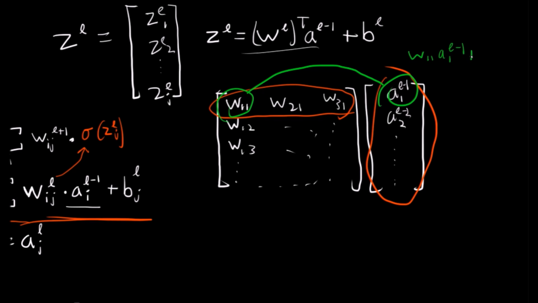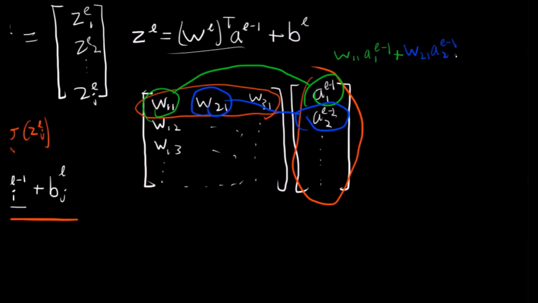And then that's going to be added to, let's change colors again, W12 times A2^(L-1), W21 times A2^(L-1), and that's going to continue on for a while until we've successfully multiplied this first row by the column. So this is going to be the first element of our new matrix. This is going to go in here.